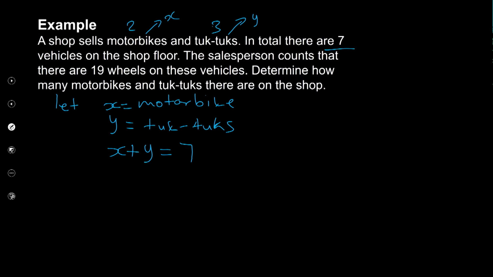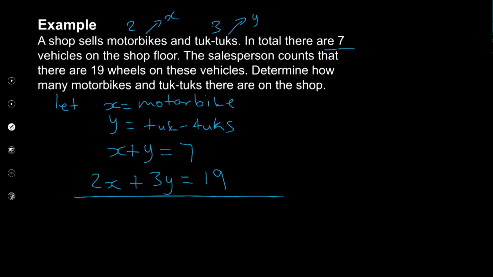The number of wheels is going to be, the motorbike is 2X, each bike has 2 wheels, plus the tuk-tuk has 3 wheels, 3Y. And this must give me a total of 19 wheels. And then already you can see they are both linear, so I can just use the elimination method.